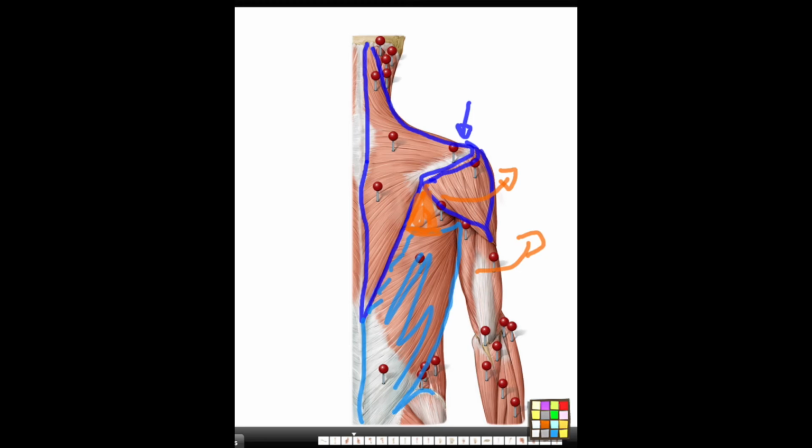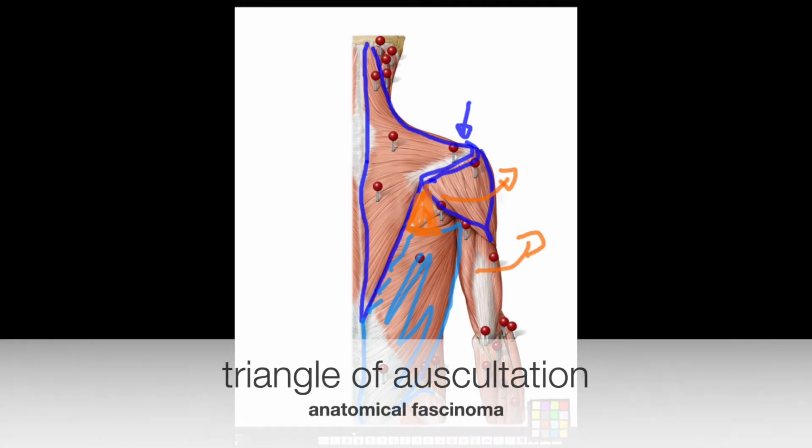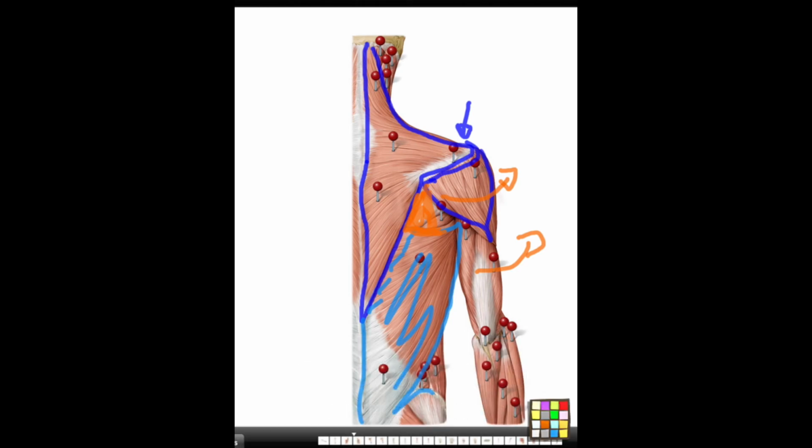So that's known as the triangle of auscultation: superior border of latissimus dorsi, lateral border of trapezius, and medial border of the scapula, once it's protracted out of the way.